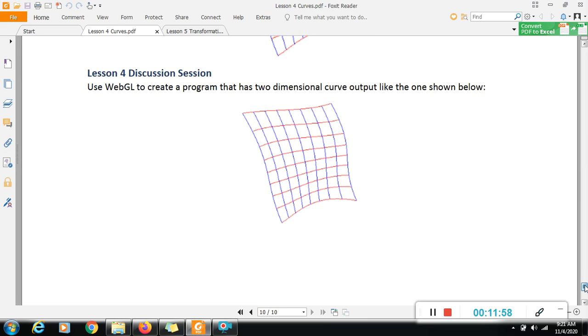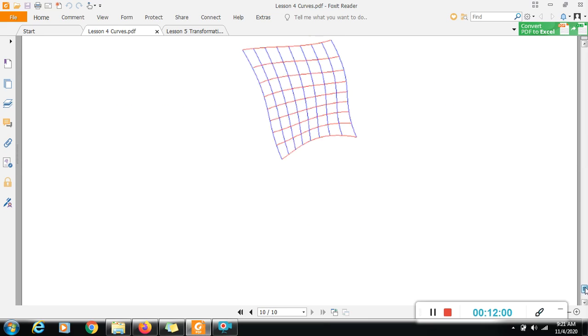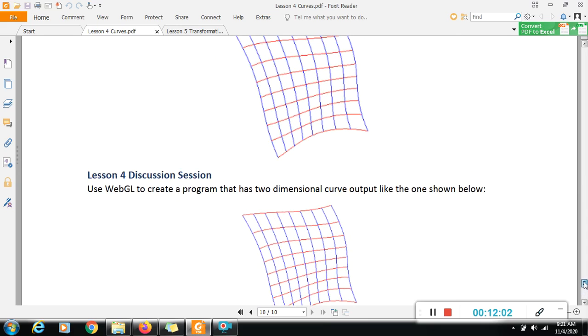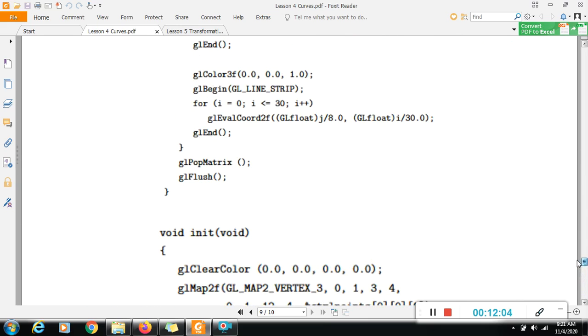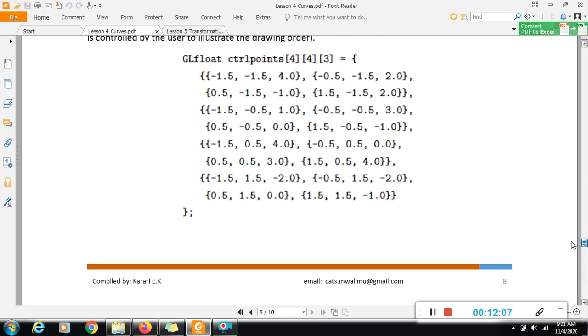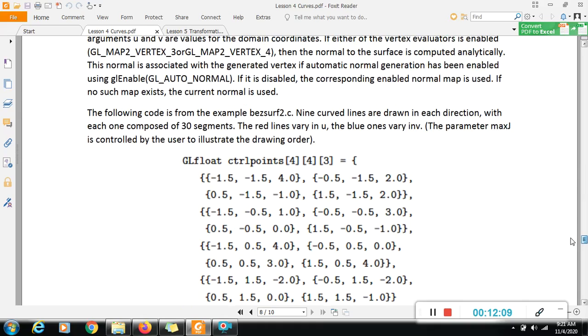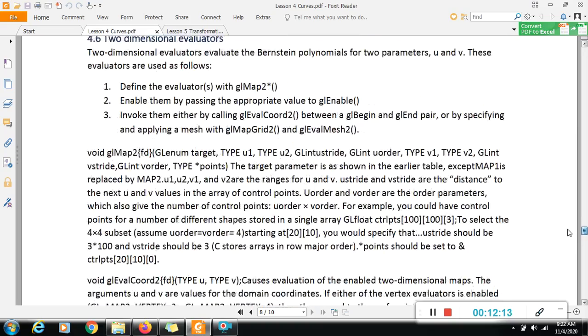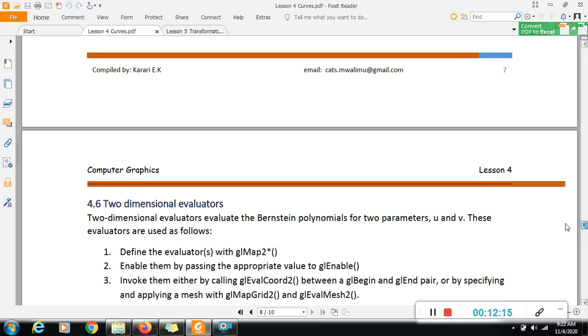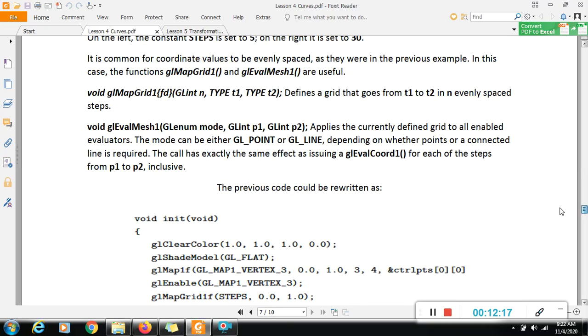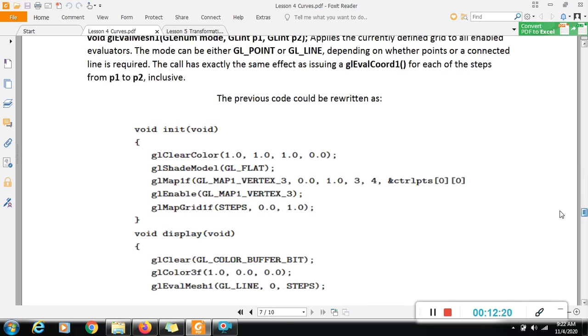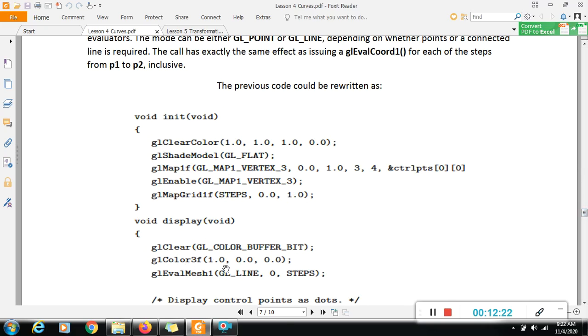I also want to mention here that as we progress now, if you can do it in OpenGL that is available in your Visual C++ or any C programming coding platform that is also enabled for OpenGL, then it's okay. You can copy and paste these codes and work with them.